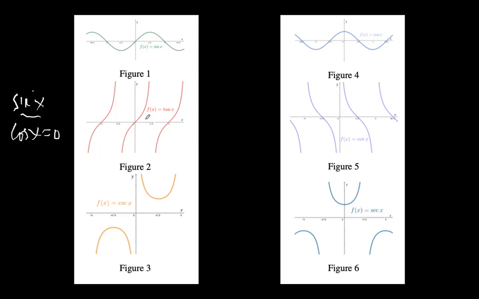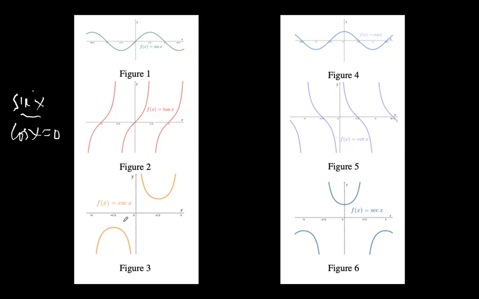x-axis. And for the cotangent, this is the graph. It's just like the reverse of the graph of the tangent, but it doesn't pass through the origin. One of the vertical asymptotes of cotangent is at x equals 0.